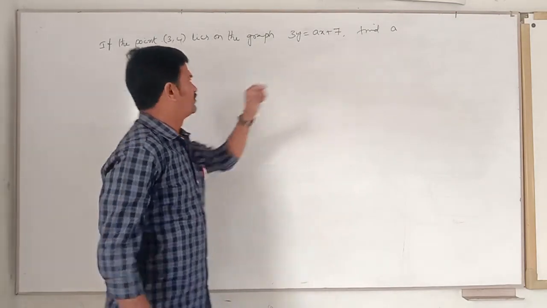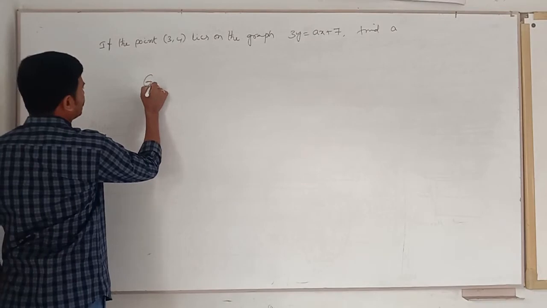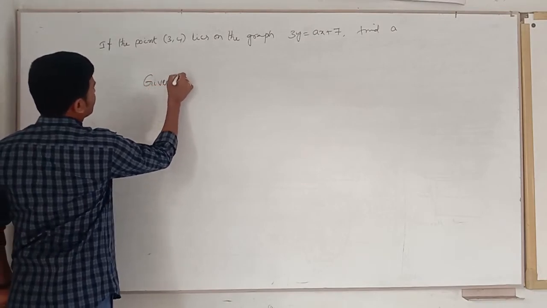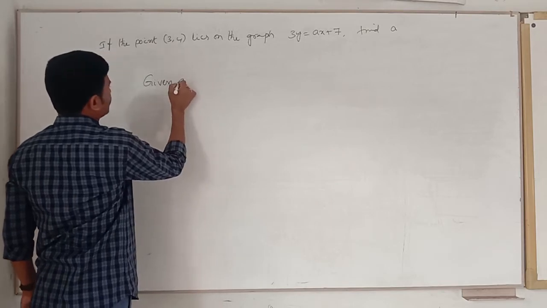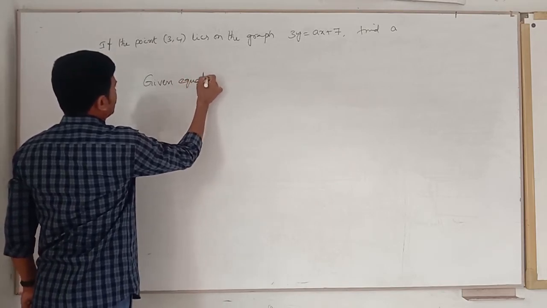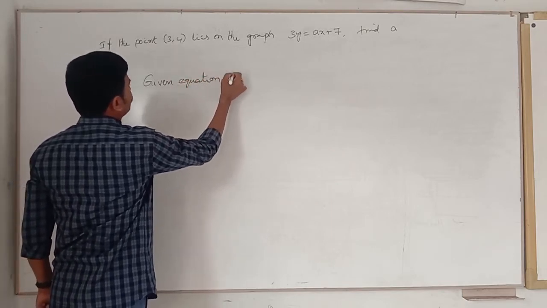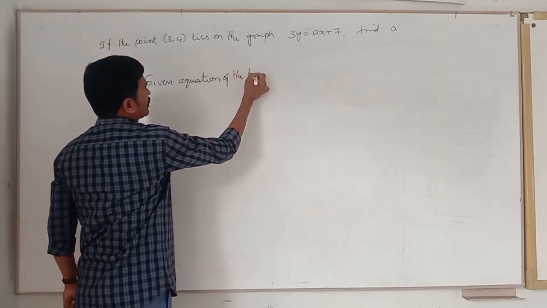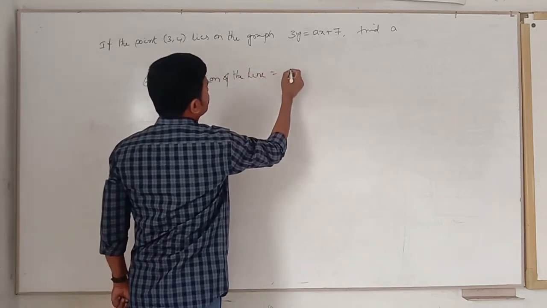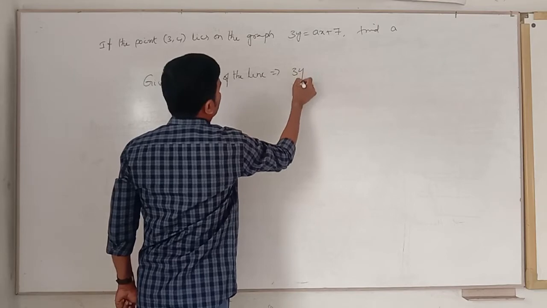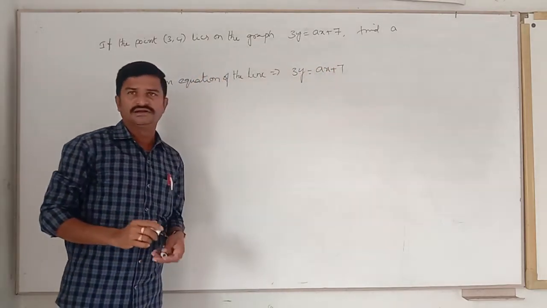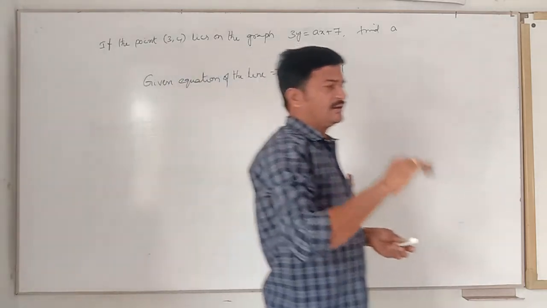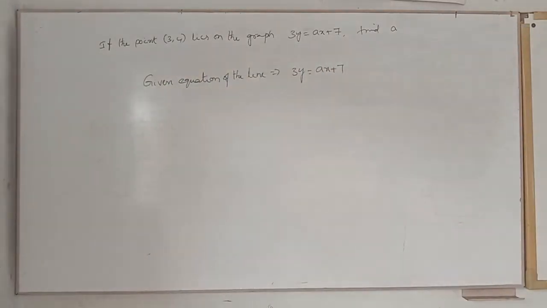Very simple this is. What is the given equation of the line, children? 3y equals ax plus 7. On that line, one of the points is lying.